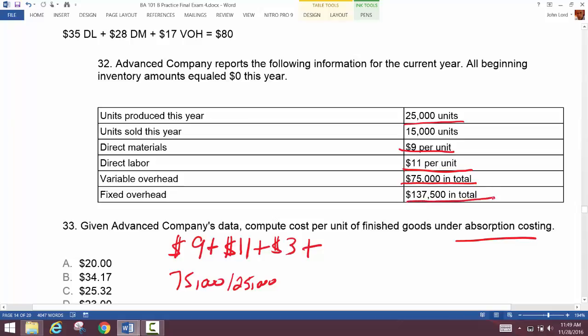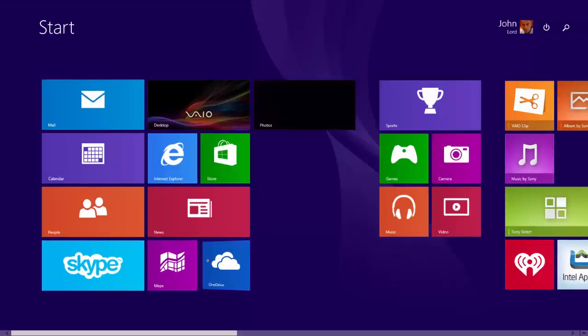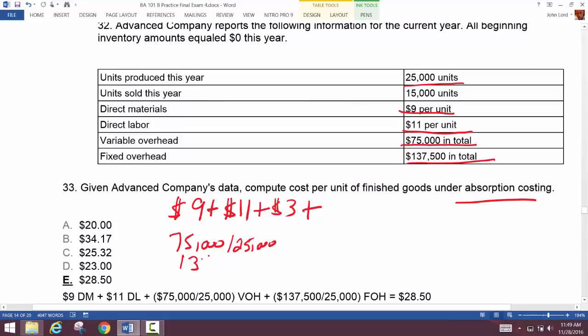Fixed is 137,000, divided by the 25,000, which gives me 5.5. Okay, good. And I add it all up, and I get 28.50.